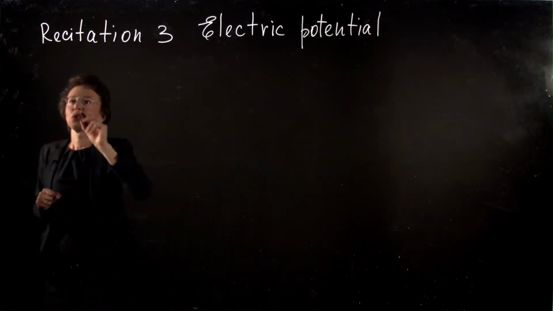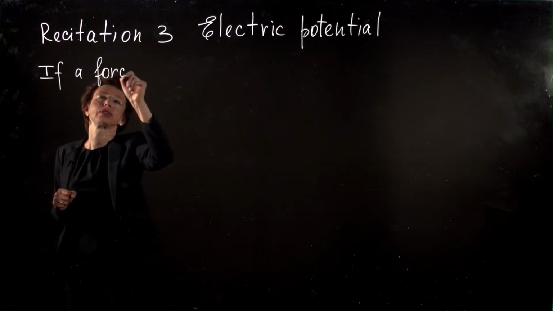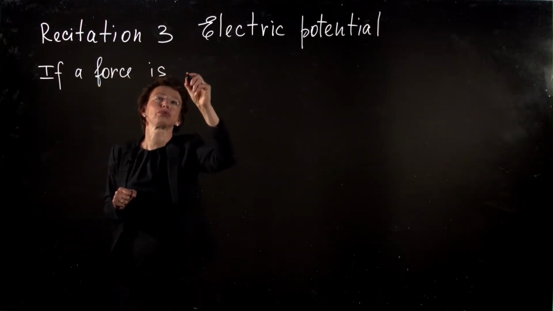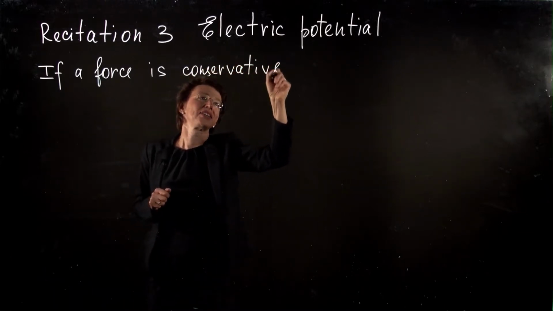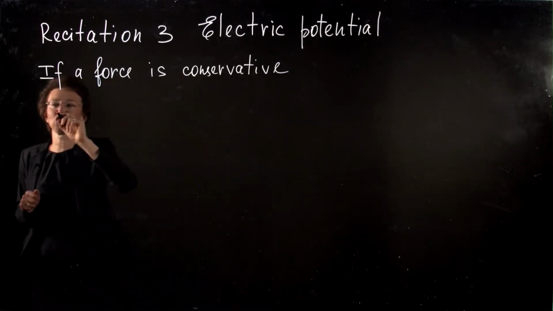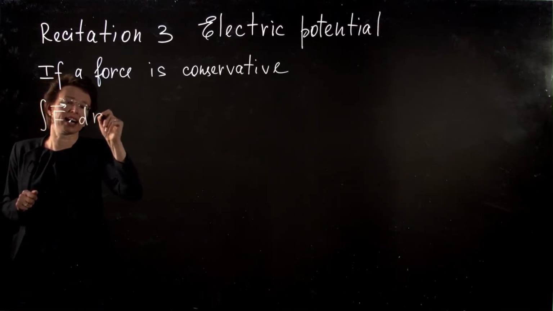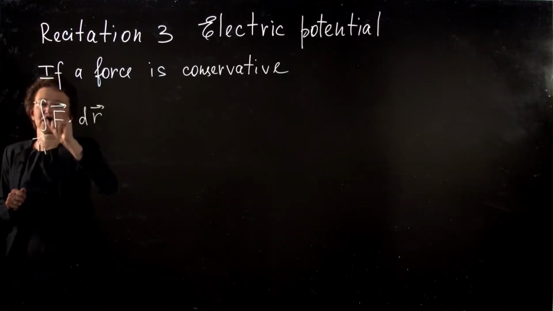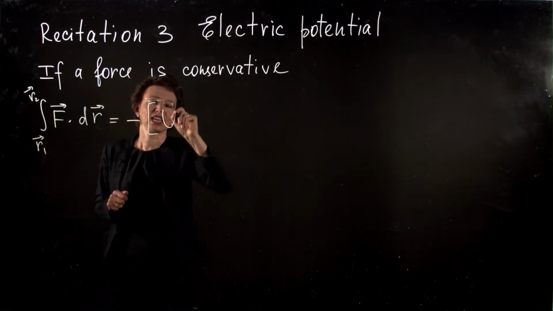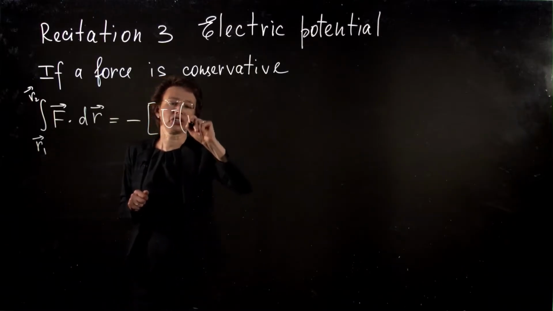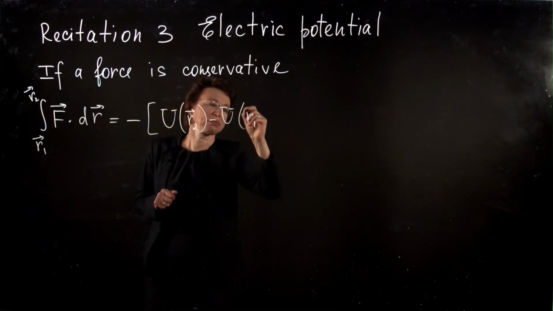From mechanics, we know that if a force is a conservative force, then there is a potential energy function U such that the integral of F dot dr from R1 to R2 is equal to minus the change in potential energy function, U at R2 minus U at R1.